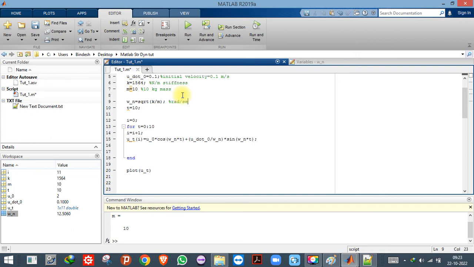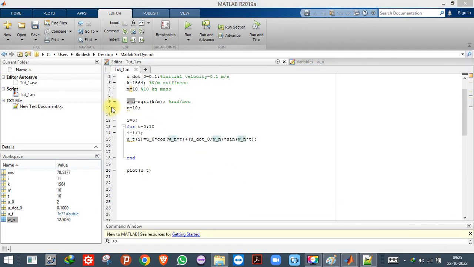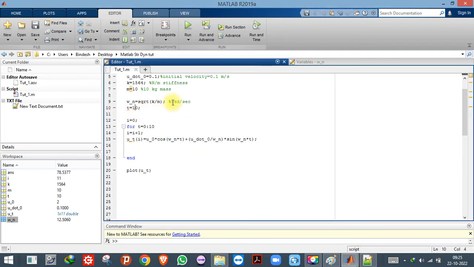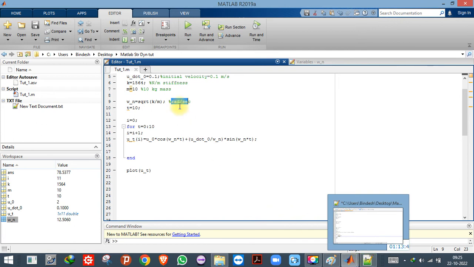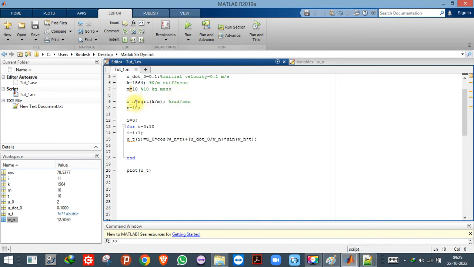This is my angular frequency. So this is radian per second. Now in 1 second it is going 12 radian, isn't it? 12 radian in 1 second.